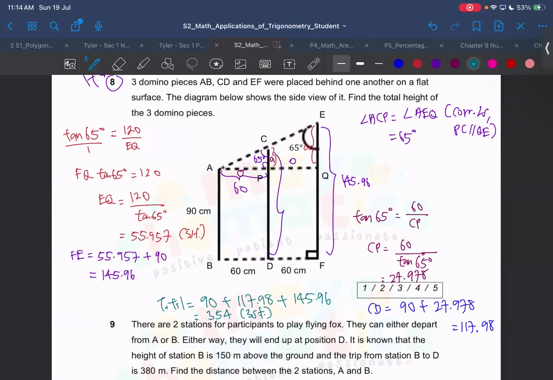Okay. Question 9, 10, 11, 12. Okay, you can try question 9 first. Yeah. Look out for your right angled triangle first.